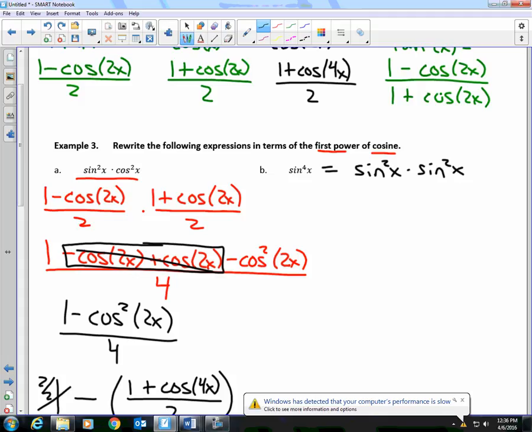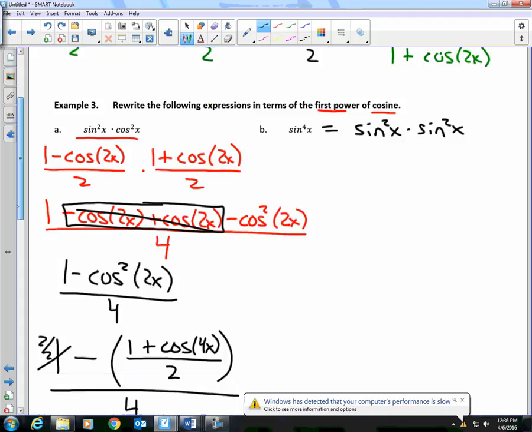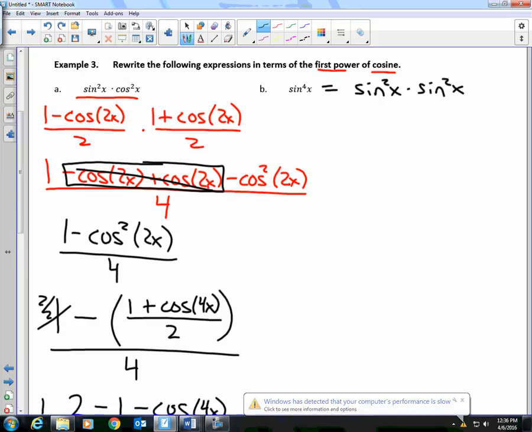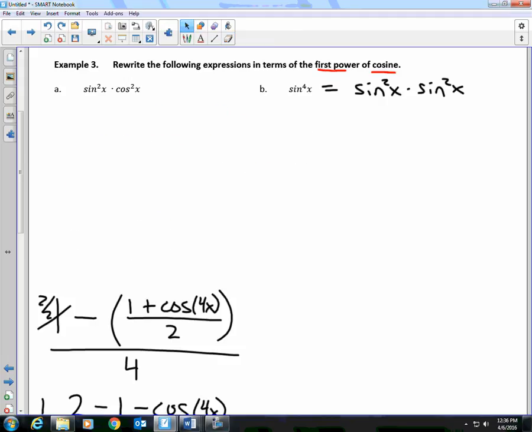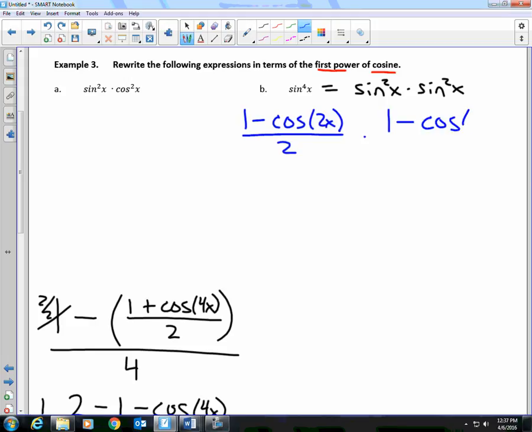Sine squared times sine squared. Sine squared is... multiply that out. 1 times 1.